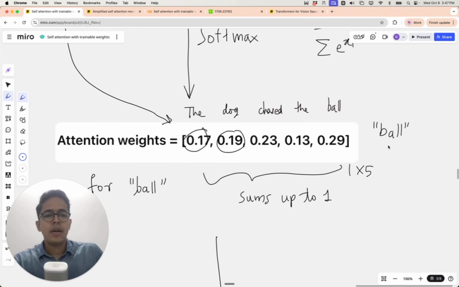So ball as a query should pay 17% attention to the, 19% to dog, 23% to chased, 13% to the second the, and 29% to itself. When you add this up, it comes to 101 because we have rounded off certain numbers. So this is how you construct attention weights.